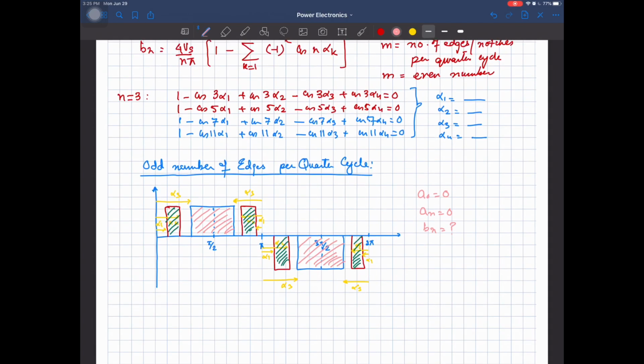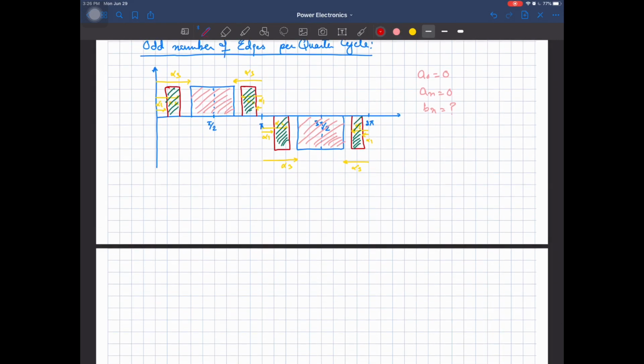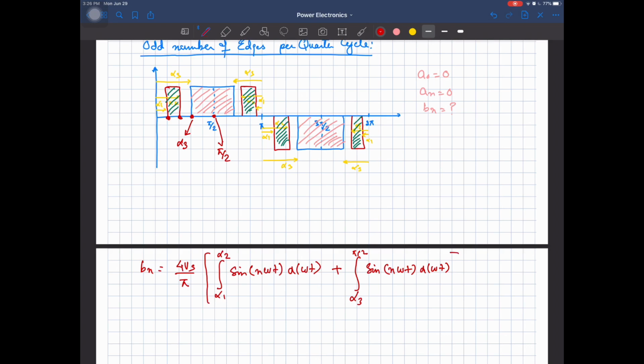Now if I write down the expression for Bn of this waveform, Bn will be equal to 4Vs by pi times the integration from alpha 1 to alpha 2 of sine of n omega t d omega t, plus the integration from alpha 3, this angle, to pi by 2 of sine of n omega t d omega t, with a bracket set over here.